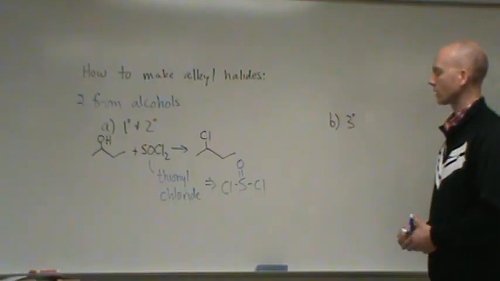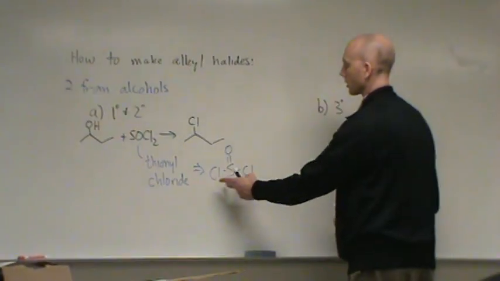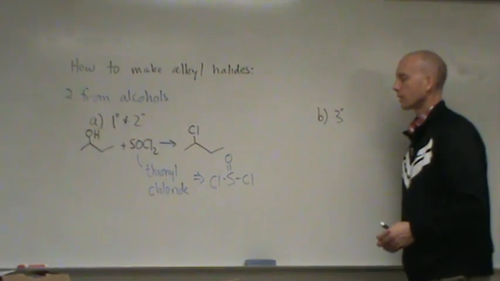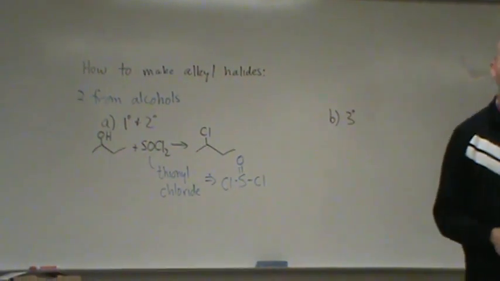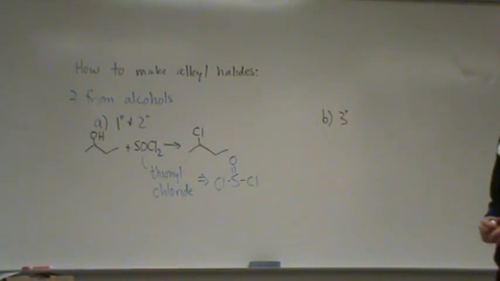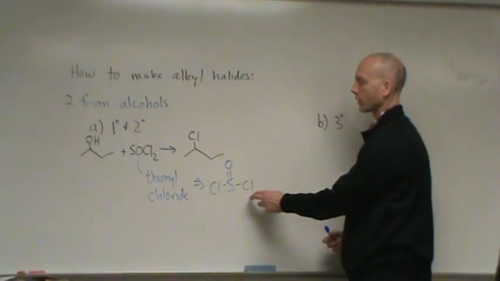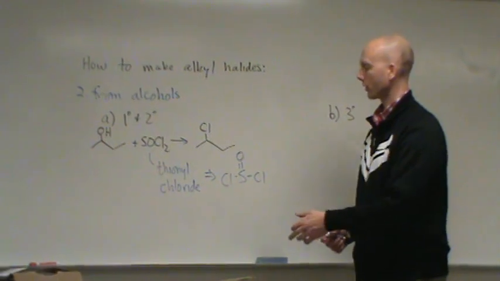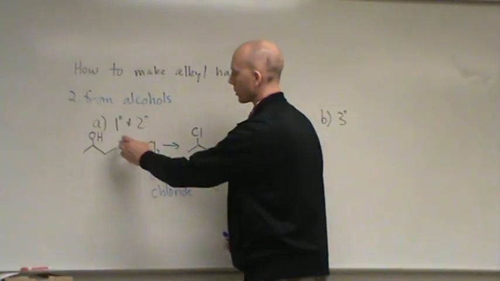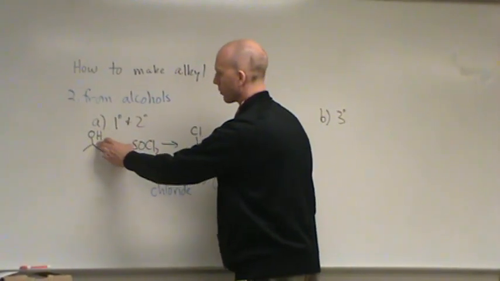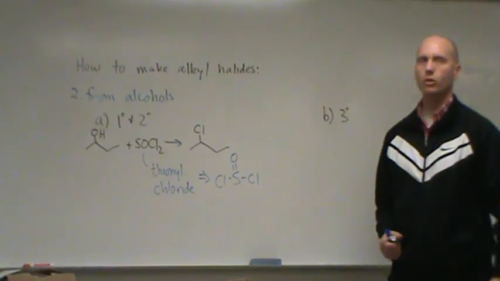Right here, 2 chlorines on this sulfur. And so this thing turns out to be a very strong chlorinating agent. So the way to remember this reaction, it substitutes a chlorine for the OH.